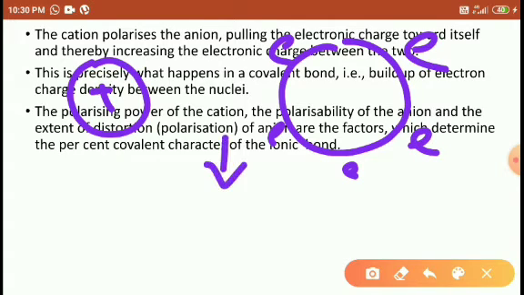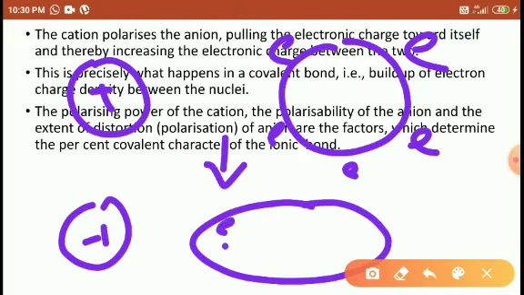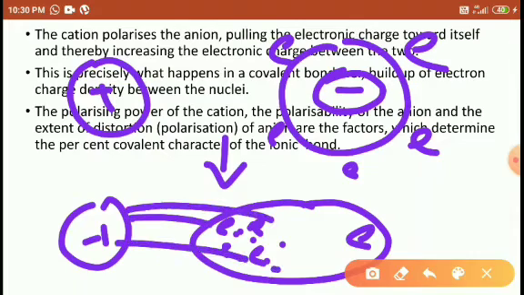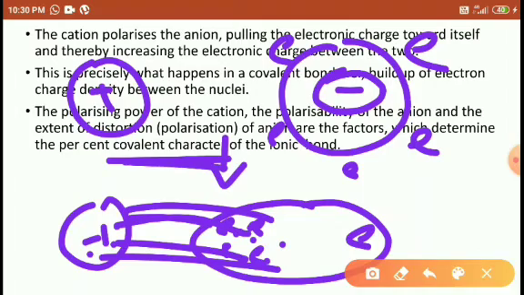When cations attract, electrons are deposited at one end, and polarization occurs in the anion. This is the anion, so the electrons show attraction towards the cation. The pair of electrons shows attraction toward the cation, so that is the covalent character. Right, students?